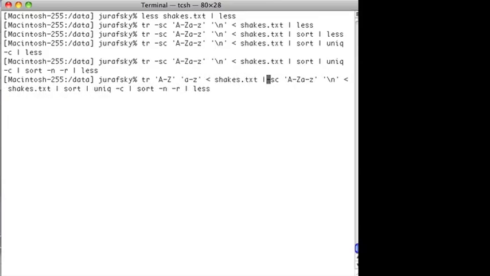And we're going to pipe that to another instance of the tr program, which replaces all of the non-alphabetics with new lines. And now we're going to do our sorting as we did before. We're going to use uniq to find all the individual types. uniq -c tells us the actual count. And then we're going to sort again, n means numerically, and r means start from the highest one. And then we'll look at those. So let's do that.